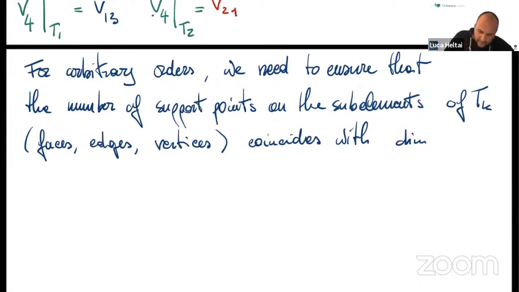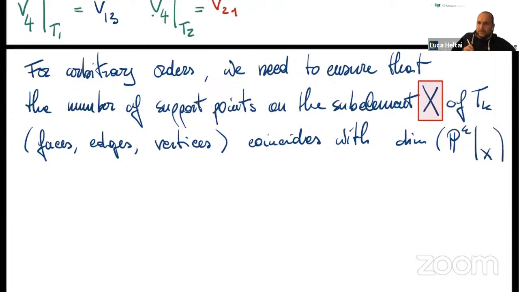So on the subelement, let me call this capital X, of T_K coincides with the dimension of what? Of the polynomial of order K restricted to X. Does that make sense?